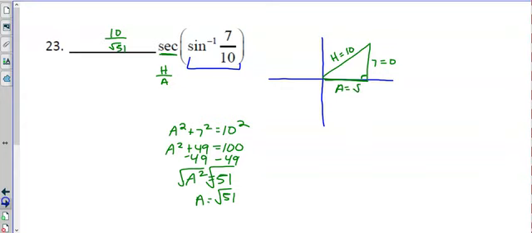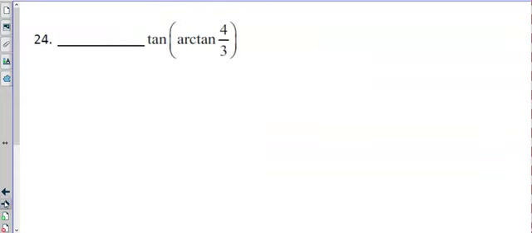So these really aren't that hard. As long as you can do the Pythagorean theorem and know what sine, cosine, tangent, cosecant, secant, cotangent are, you're fine. All right, number 24, super easy. Love it when that happens. Tangent, arctangent, those are inverses of one another. So your answer is just 4/3.